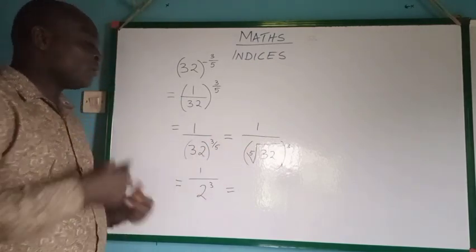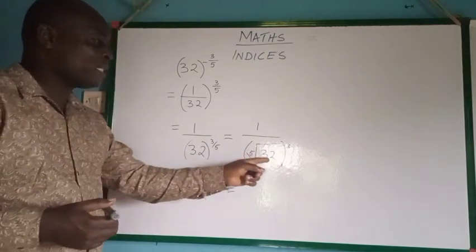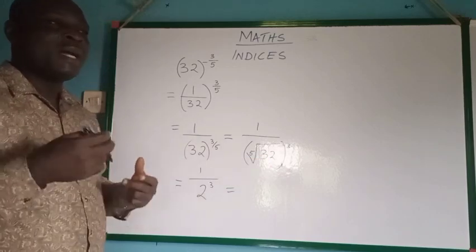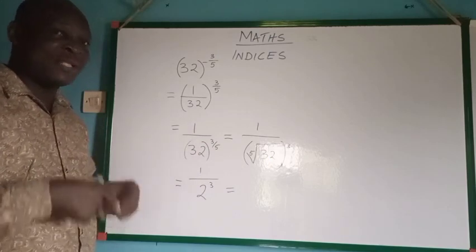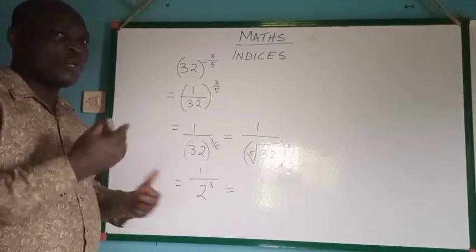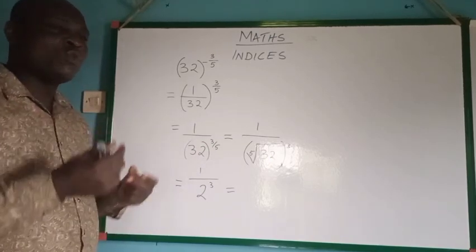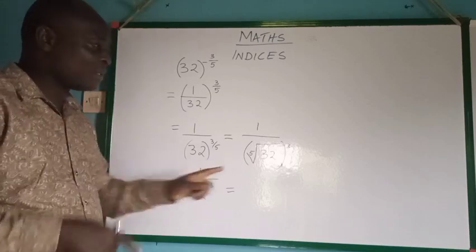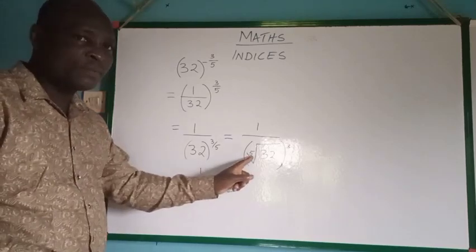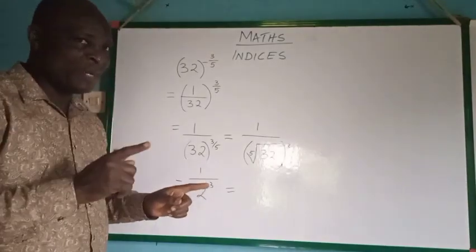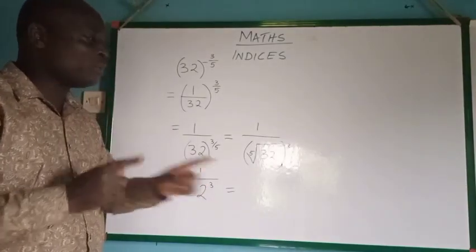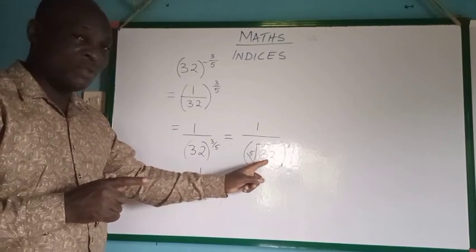How did we know that the fifth root of 32 is 2? In that class we were also dealing with that fractional indices. I told you that the root of a number is the number that you multiply the number of times equivalent to the root to get that number.